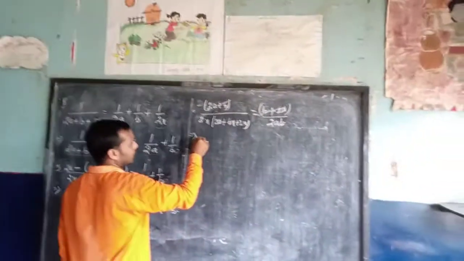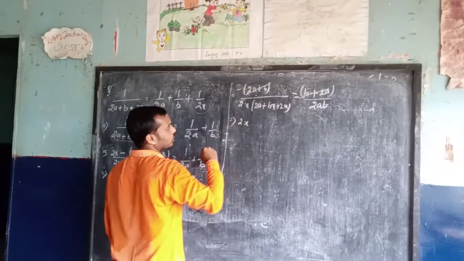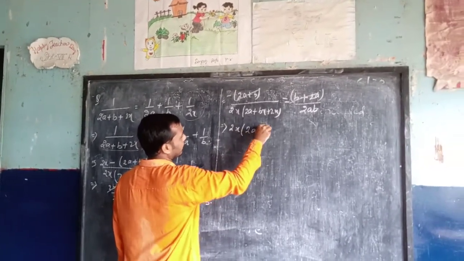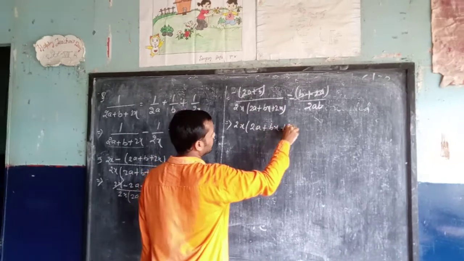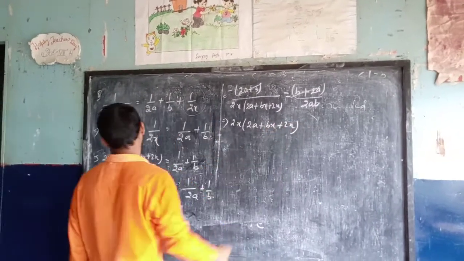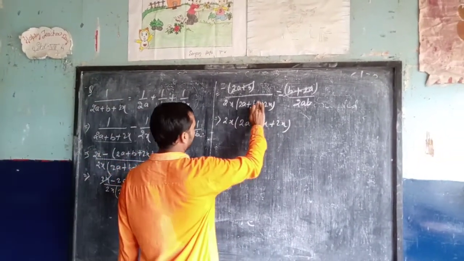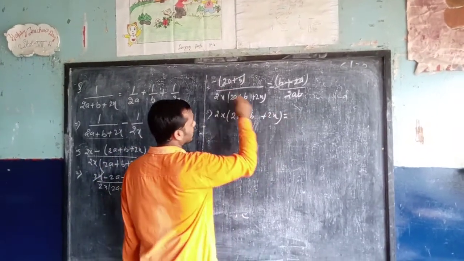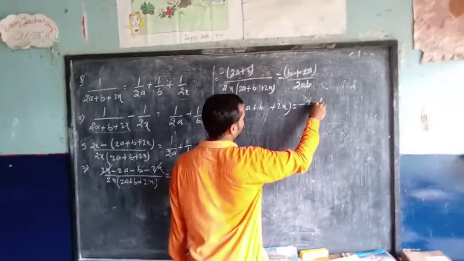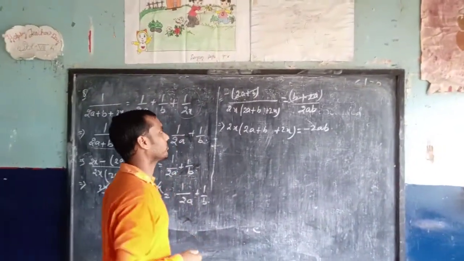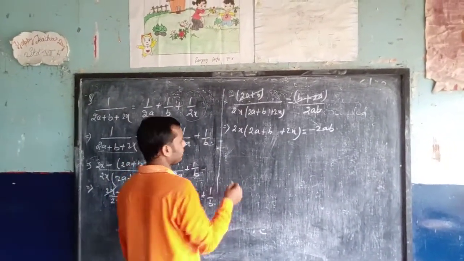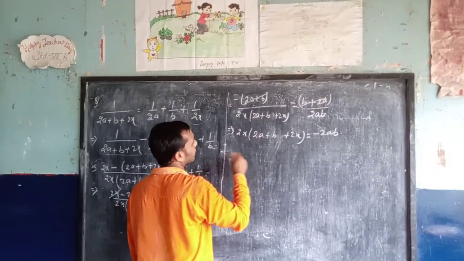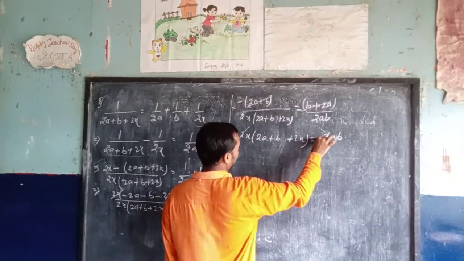When we cross multiply, we will have 2x into (2a plus b), not bx, it's only b, equal to minus 2ab. Clear? Now this 2 will get cancelled out.